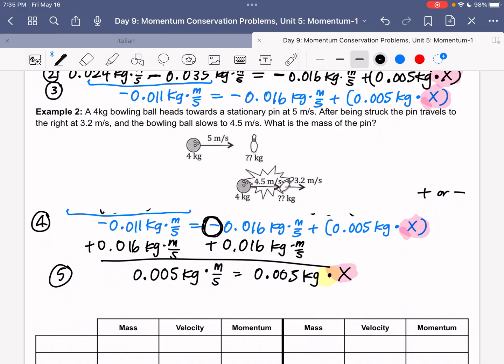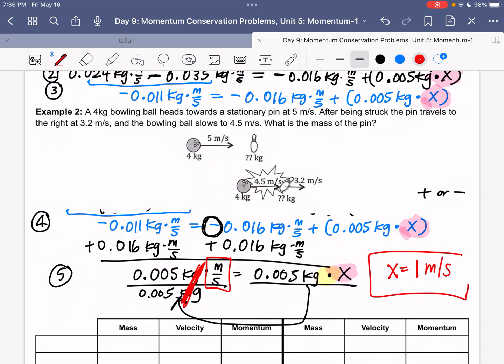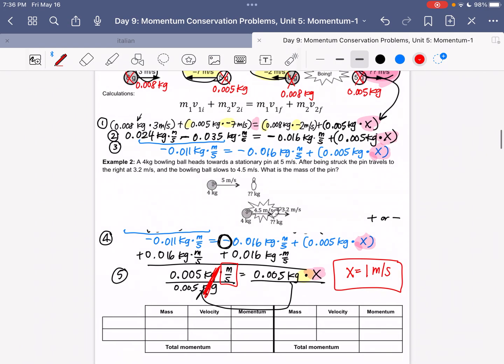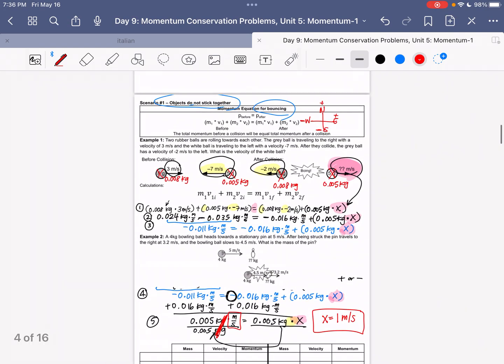And because they're far apart, we need to take a plane all the way over. 0.005 kg. Now, this is where it gets a little crazy. Because here, the kgs cancel out. So all that's left is m/s, which is perfect because we're looking for the velocity anyway, right? So then 0.005 divided by 0.005 is 1. So x, the velocity, would be 1 meter per second. Okay? And that's how to do it if it's a bouncing one and you're looking for the velocity.